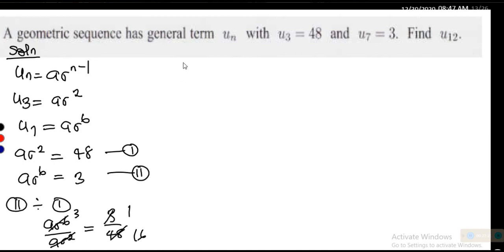u3 is ar squared. Okay, let's see what is wrong here. So r raised to power 3 equals 1 over 16, but we can't find the cube root of 16.